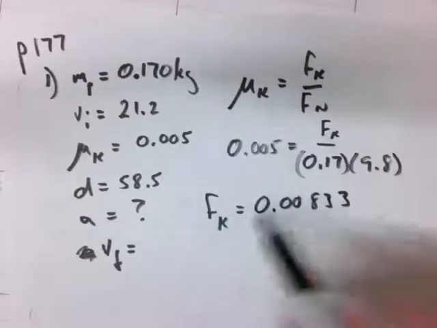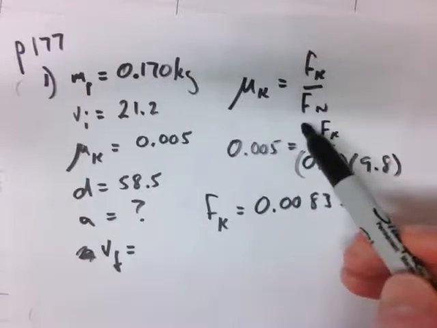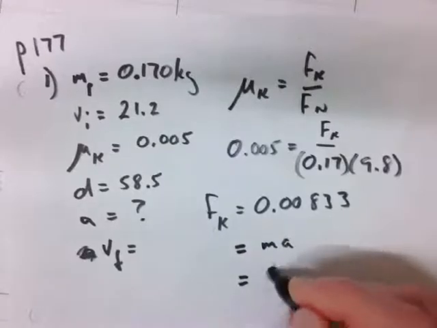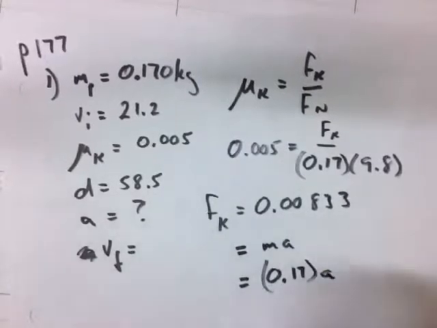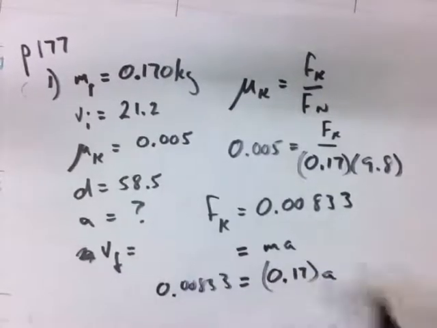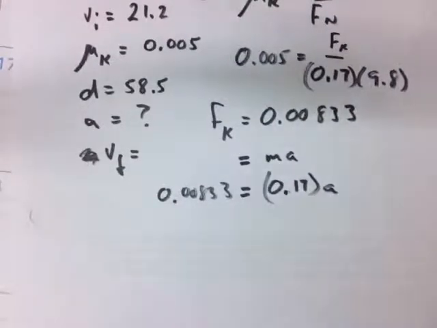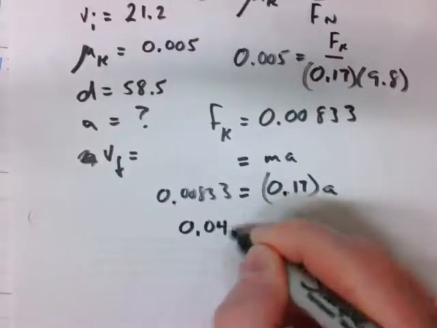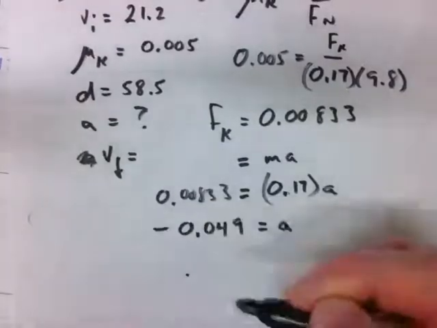Now we need to find the acceleration. This is one of those cases where it's like it's ma over mg. We could have canceled the m's there. Because this equals mass times acceleration, and the mass is 0.17 times acceleration, 0.00833. I'm going to have to get a new marker. Divide both sides by 0.17. 0.049 equals A, which is negative.